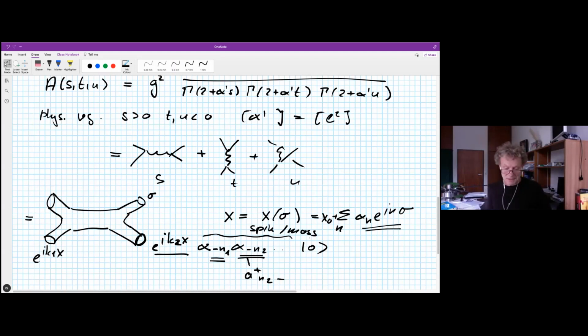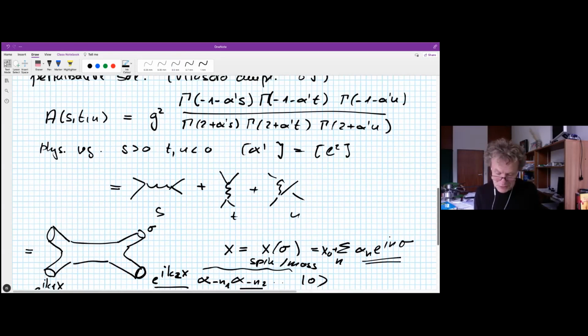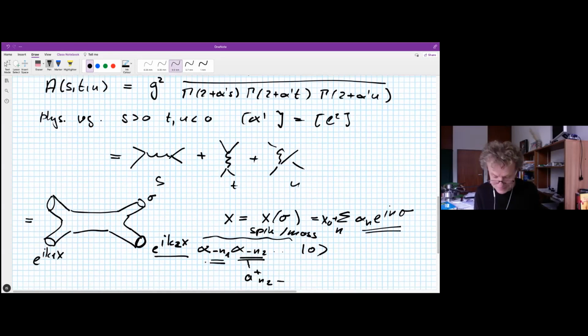Yeah, one could try, but one should really look at it the other way around. The way Nambu found it is that you can factorize this amplitude in terms of harmonic oscillators. Not just one, but you need infinitely many of those. So that's really the way it was found.